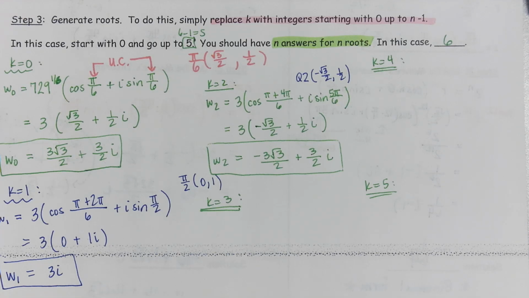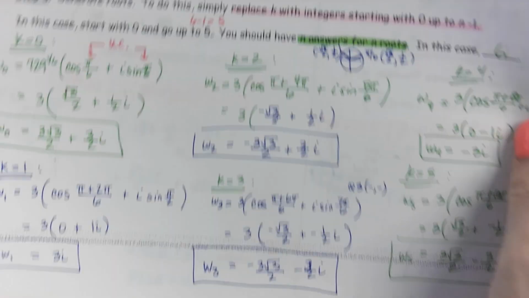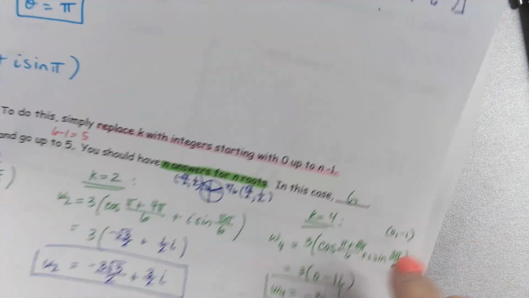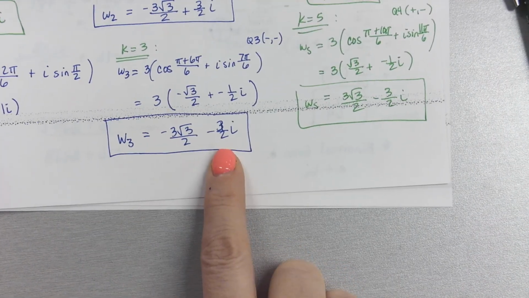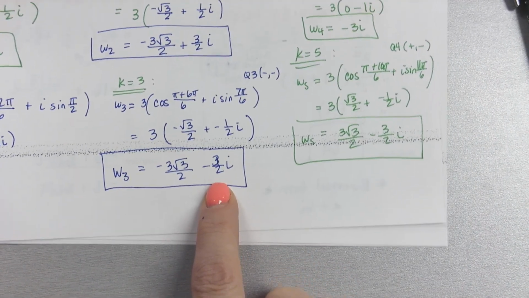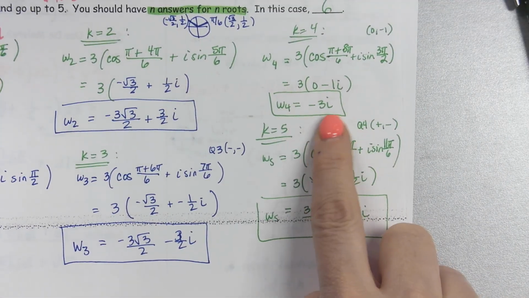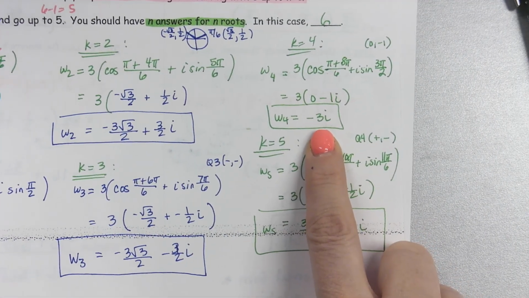Okay, now that we have those, we are going to graph them. So in order to graph them, we are going to write them as points. Okay, you guys can check yours with me really quick before we do that. So you should have negative 3 root 3 over 2 minus 3 over 2i. W sub 4 is negative 3i.